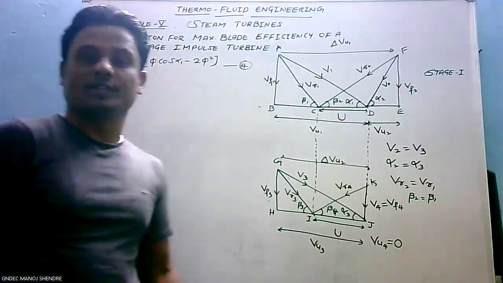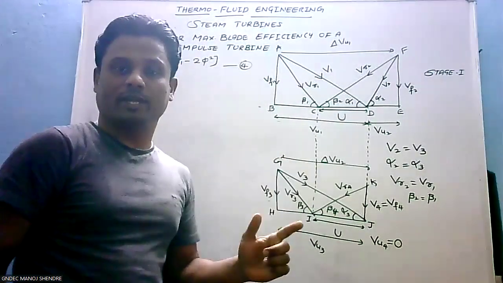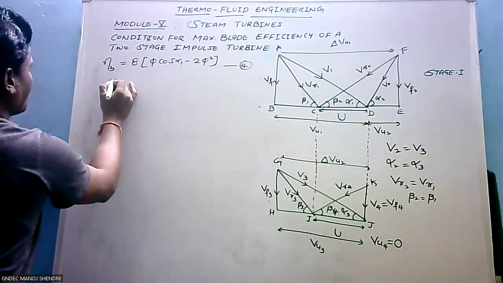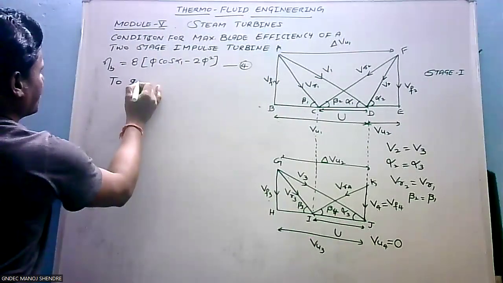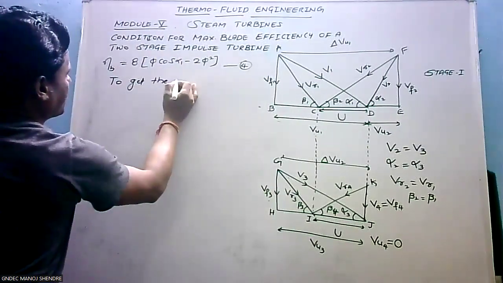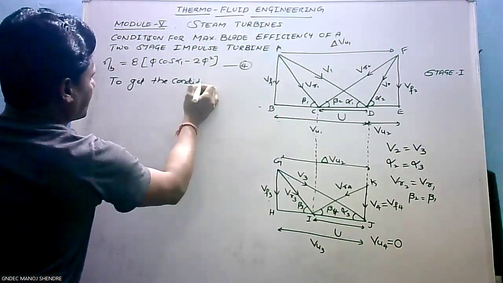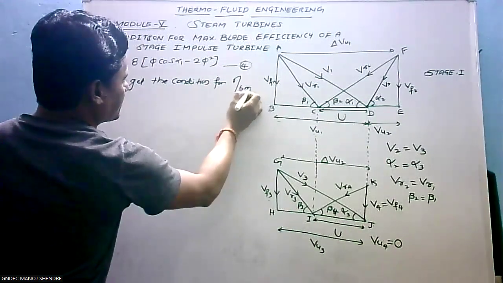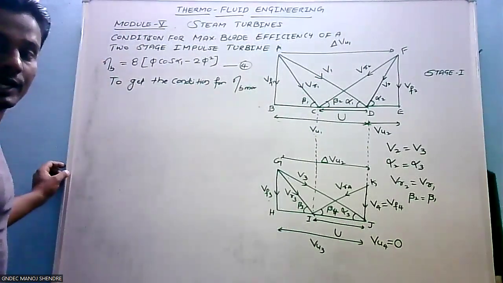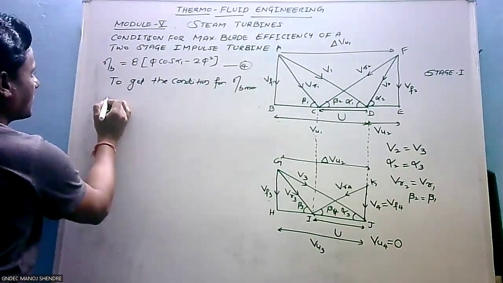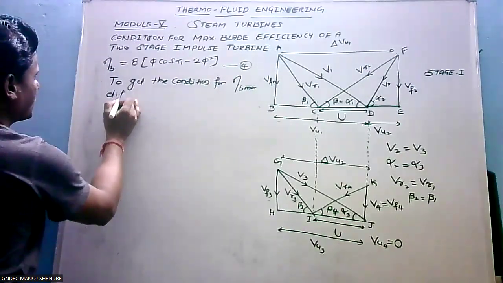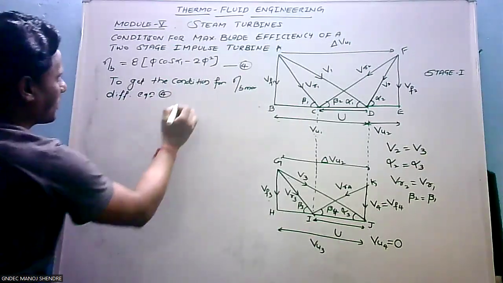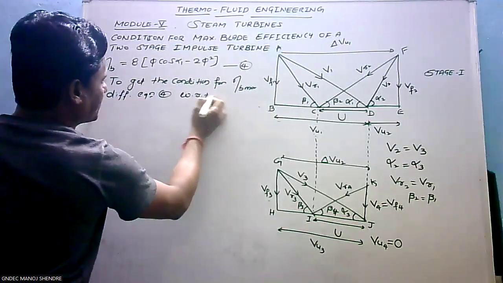Let us differentiate equation number 4 with respect to phi to get the condition for maximum blade efficiency. Write down: to get the condition for maximum blade efficiency, differentiate equation number 4 with respect to phi.